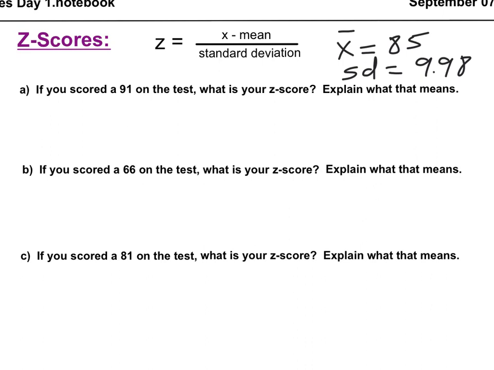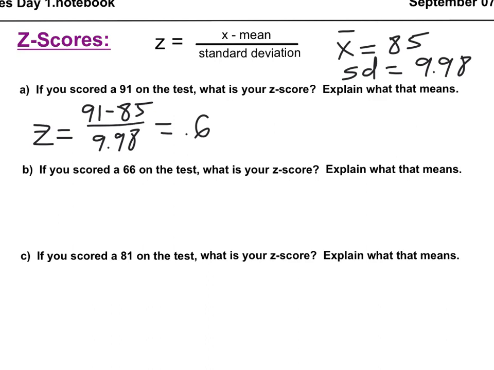So the average score was right around 85, but on average, the scores in the class varied by about 10 points from 85. Okay? Let's say you got a 91. Let's get your Z-score. A Z-score is a relatively simple calculation. Take away the mean, put it over the standard deviation, and you get 0.6.